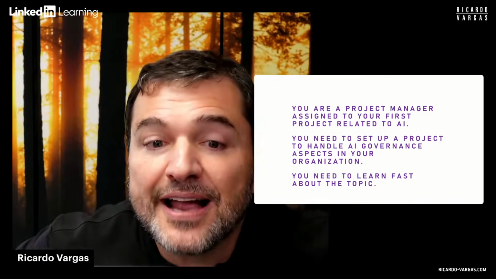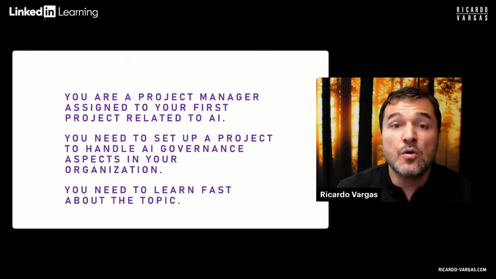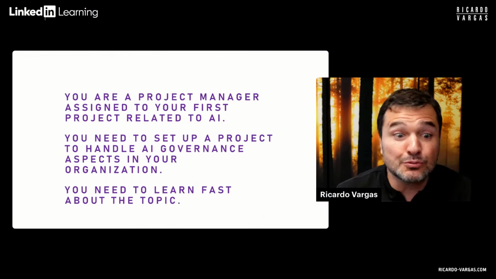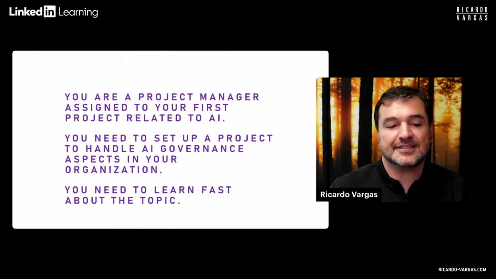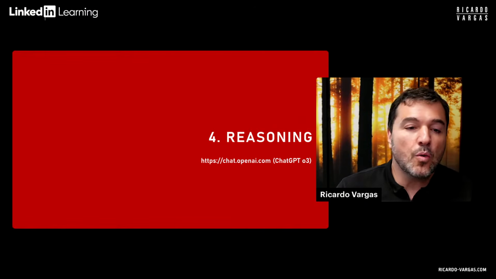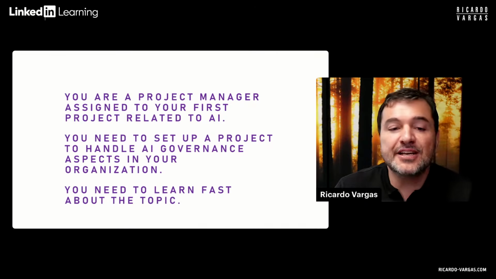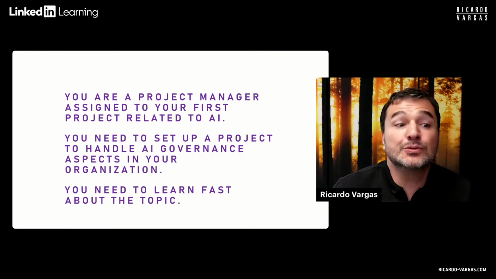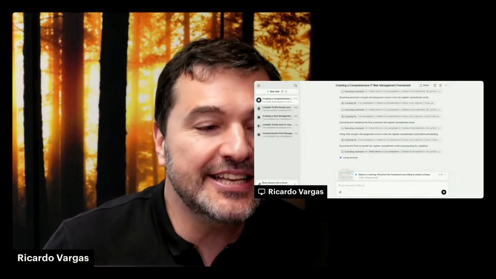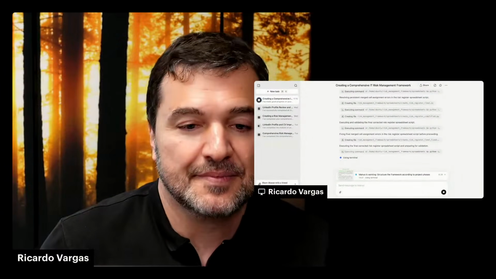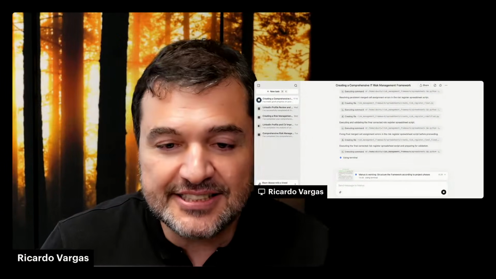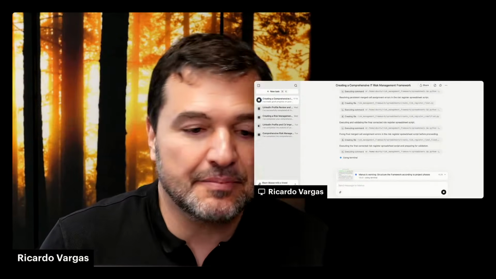So you need to find ways of learning really fast to execute and to prepare that. So what we'll do now, before we go to reasoning, is go to the demo and see what will happen. By the way, Manus is still on task number 4.